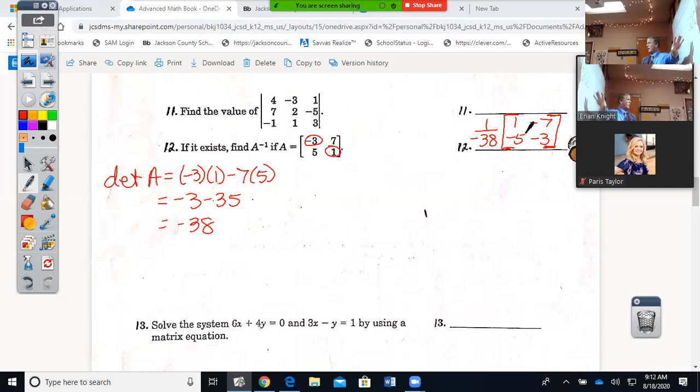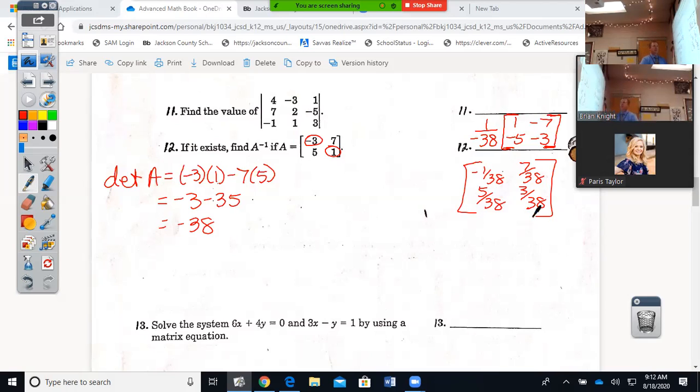Remember, the only drawback is if you put it in your calculator to check it, it's not going to write it like that. It will multiply it out. So it would be -1/38 and +7/38 and then +5/38 and 3/38. Okay, I will take either way though. Everybody understand? Okay.